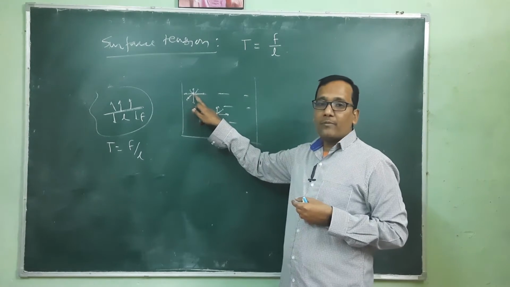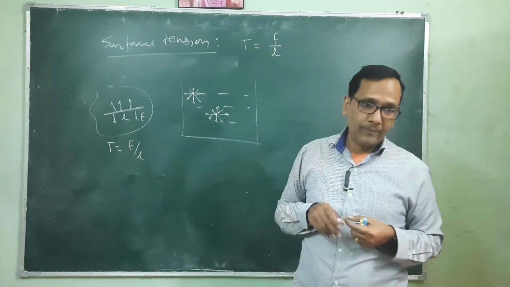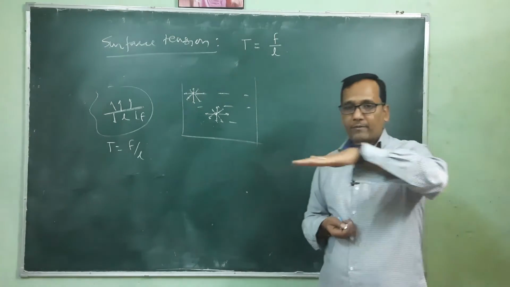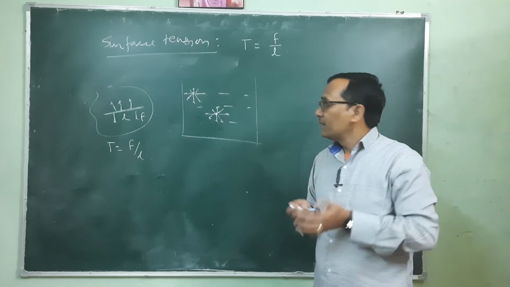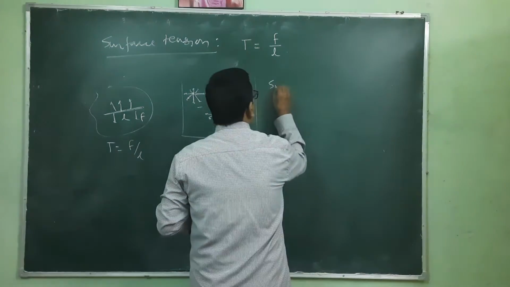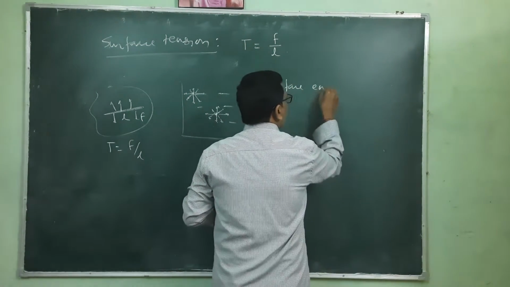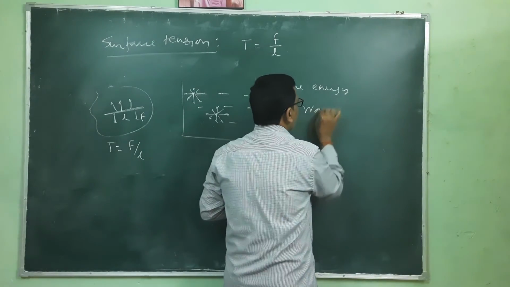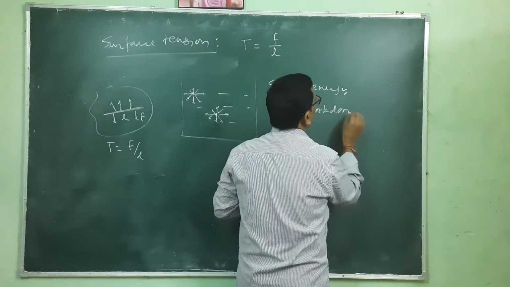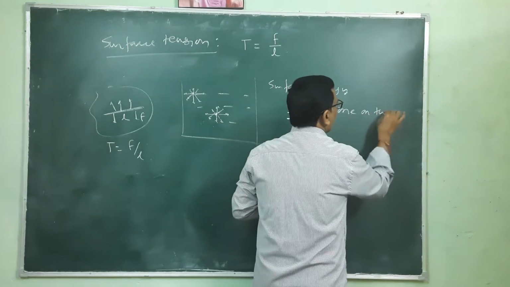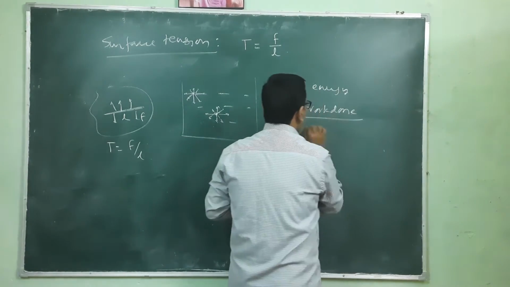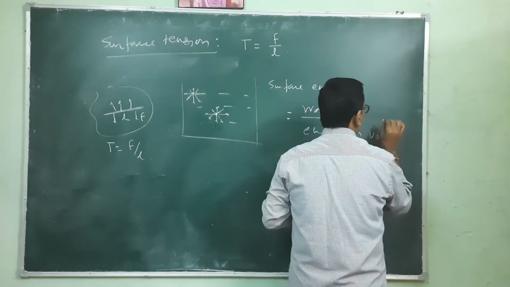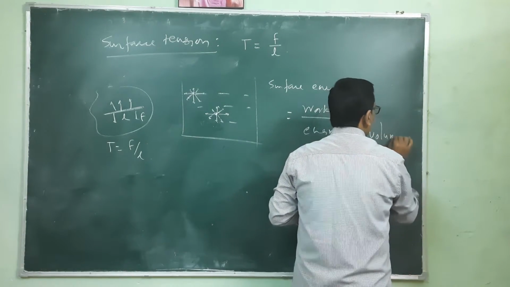To maintain that energy term, we have defined the surface energy. So there is a requirement of surface energy to maintain that surface in planar form. This surface energy has been defined as work done on the surface upon change in surface area.